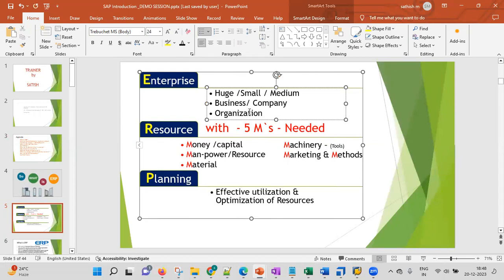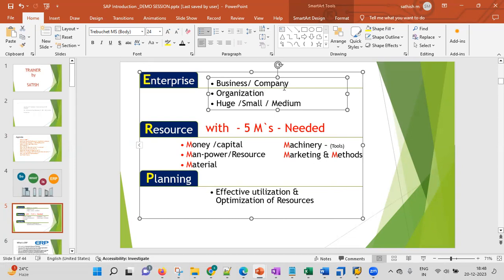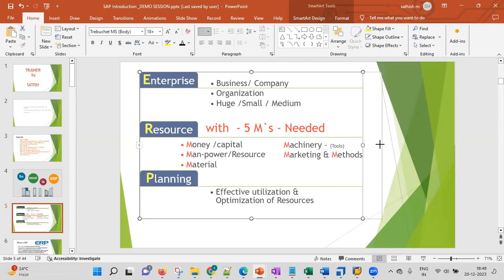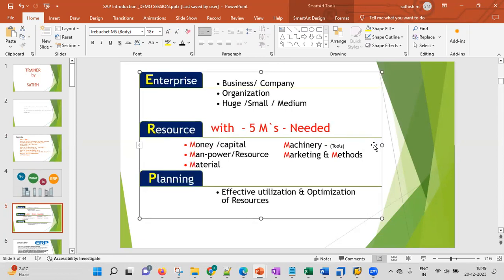An organization can be a small, medium, or a huge organization. It's a business or an organization that is doing business. Even a small business can be an organization. Nowadays some businesses have come into existence, like small scale industries, and the government is also supporting them.